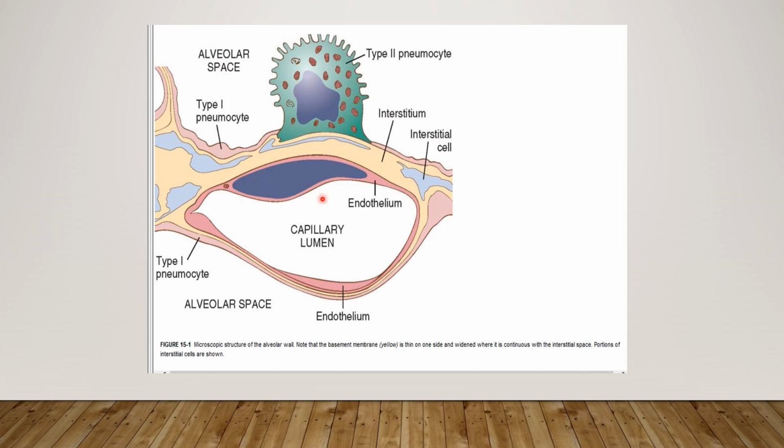As you can see, this is the capillary endothelium, this is the lumen of the capillary, and this is the interstitium which contains collagen, fibroblasts, then mast cells, mononuclear cells, and this is the alveolar wall. So it contains two types of pneumocytes. This is type 1 pneumocyte and this is type 2 pneumocyte. It projects inside the alveoli and it has microvilli on its surface. And this is the alveolar space.